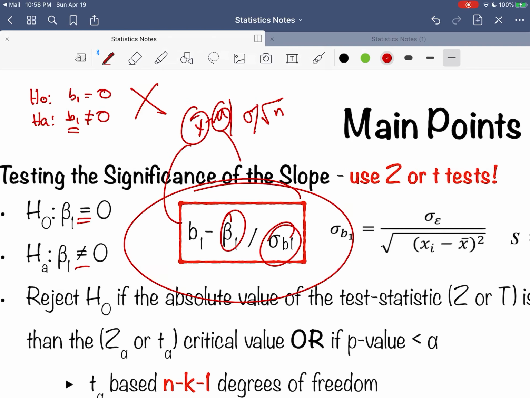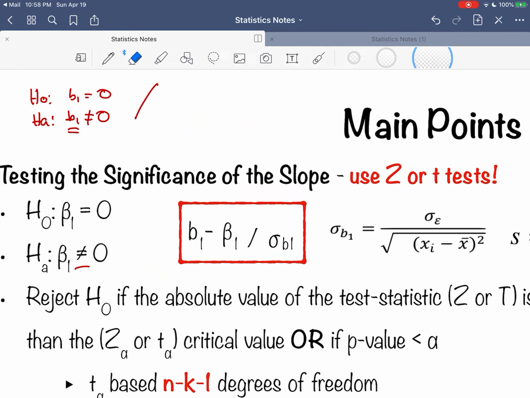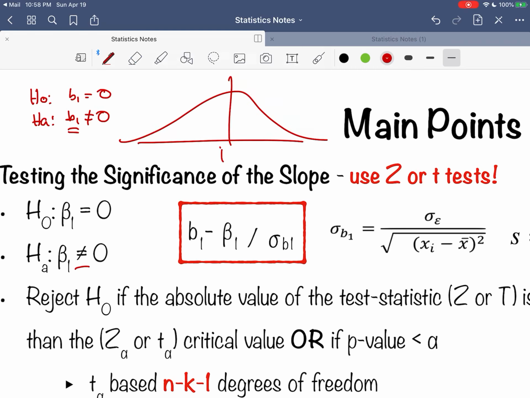Observed, expectation, standard error. The standard error in this case is the standard deviation of beta. So if beta had a distribution, this is big beta 1, it has a standard deviation as well. This is the standard deviation of that distribution.